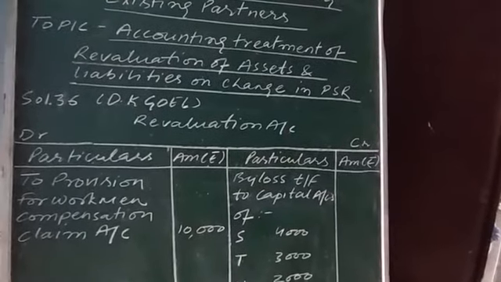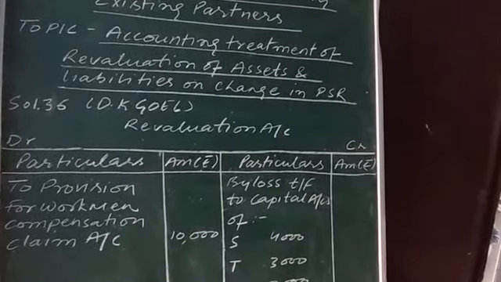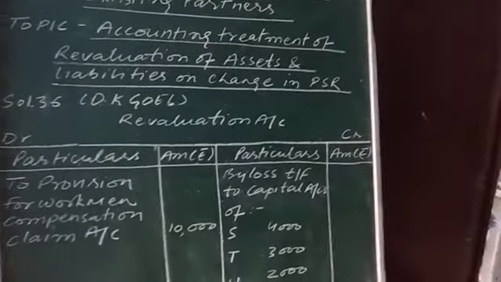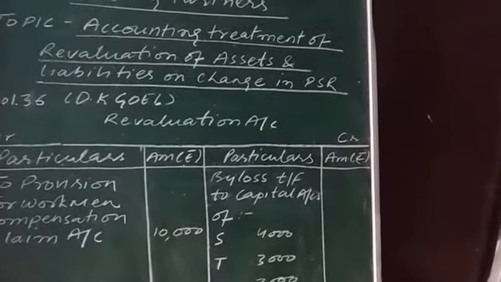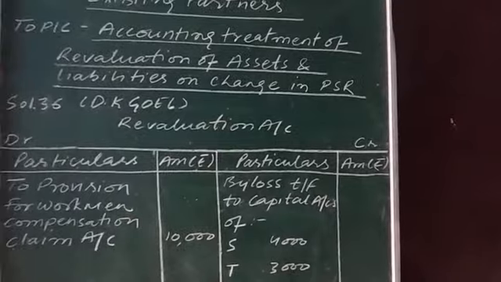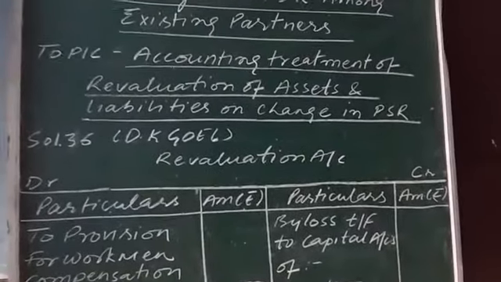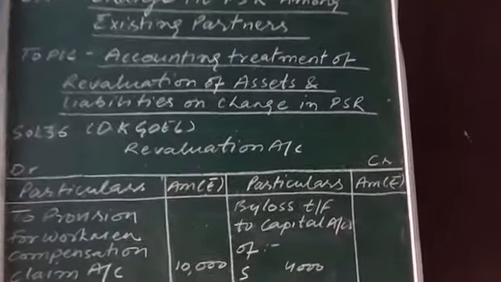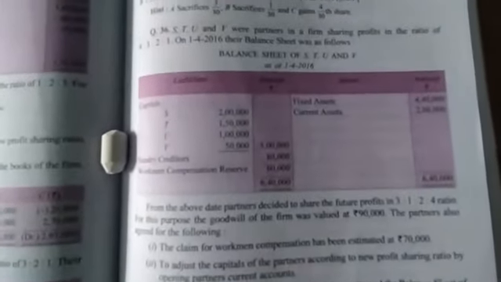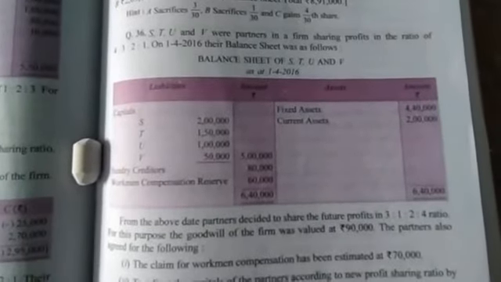Now, further explaining the same revaluation account on the basis of question number 36 of D.K. Goyal. I am reading out the question.